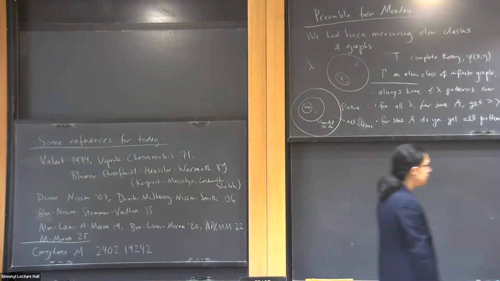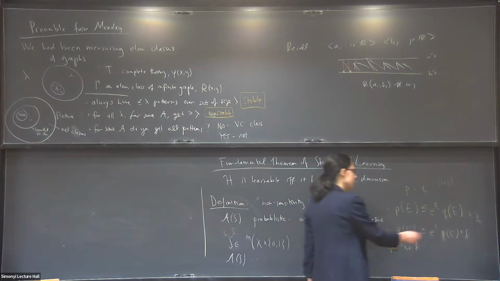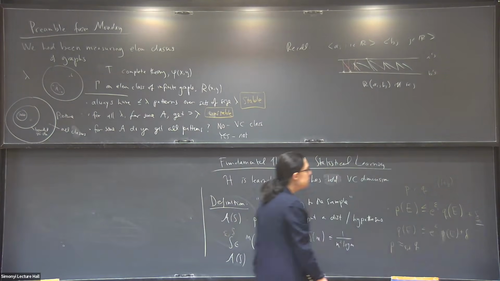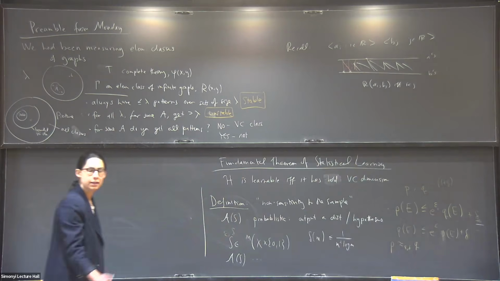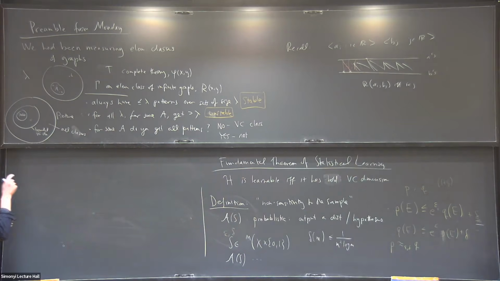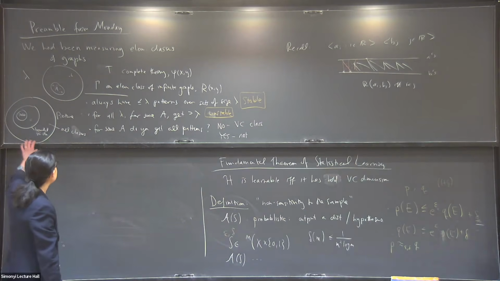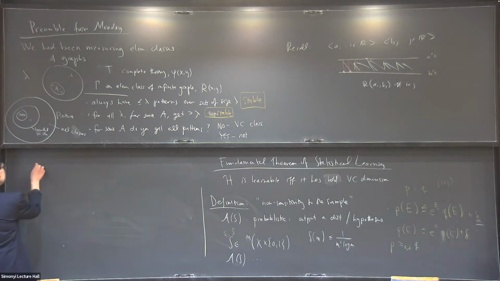I should be careful to say that if you get rid of delta and have pure differential privacy, there were other characterizations that were known. When I say differential privacy, I always mean approximate differential privacy, so my delta exists.